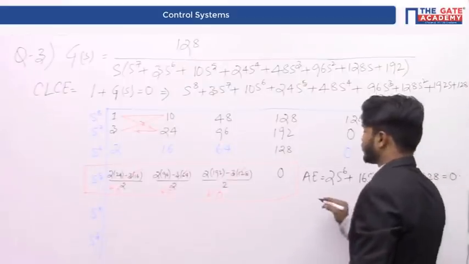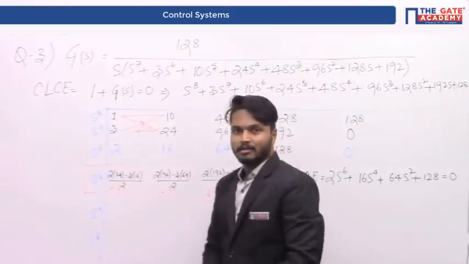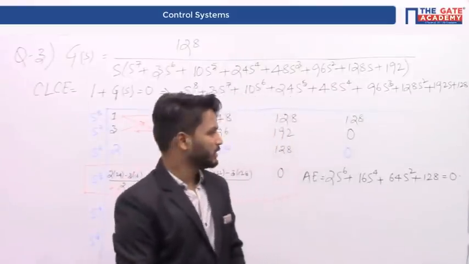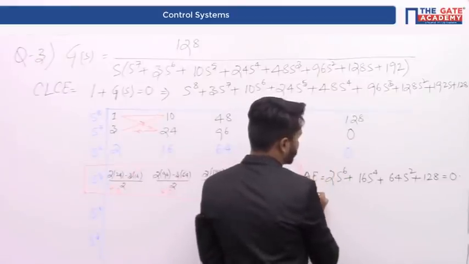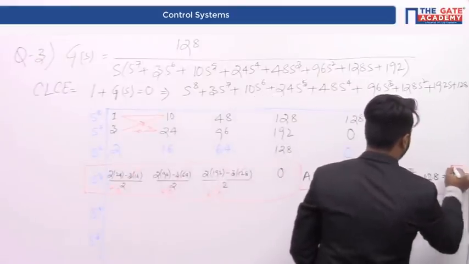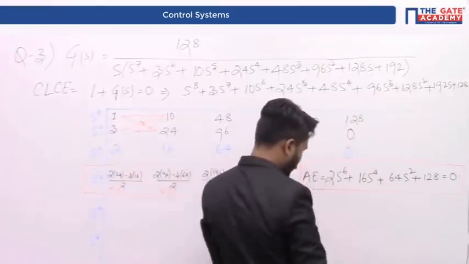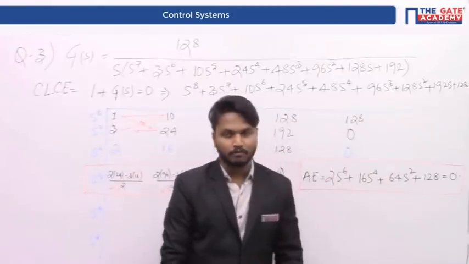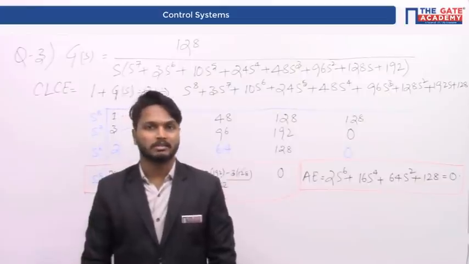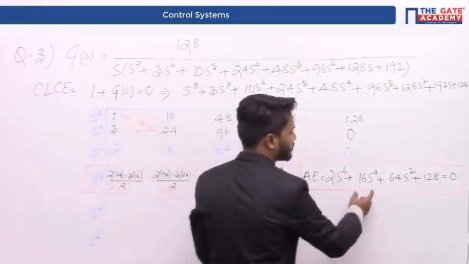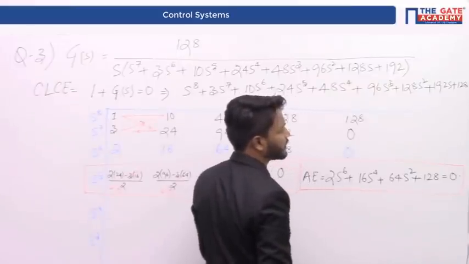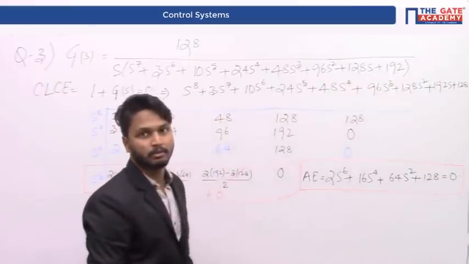This is the auxiliary equation, and you already know the auxiliary equation is going to be a factor of your characteristic equation. Therefore, the roots of the auxiliary equation will be the roots of the system also. Right? It is 2s power 6 plus 16s power 4 plus 64s square plus 128 equal to 0.